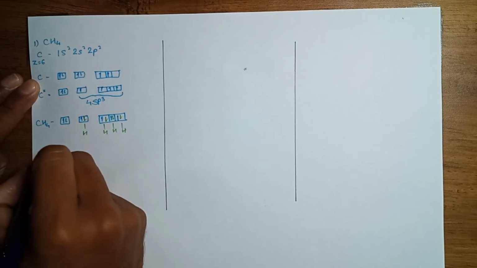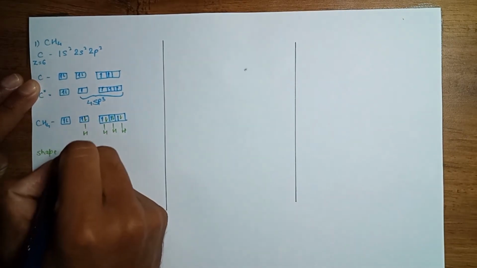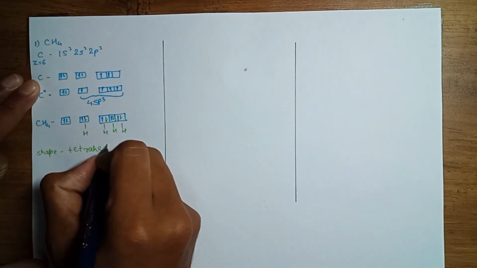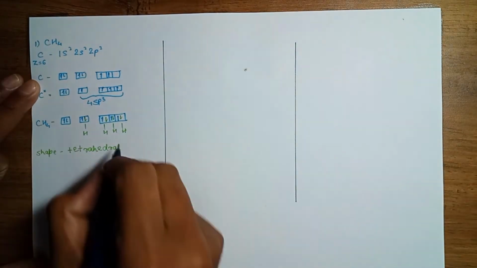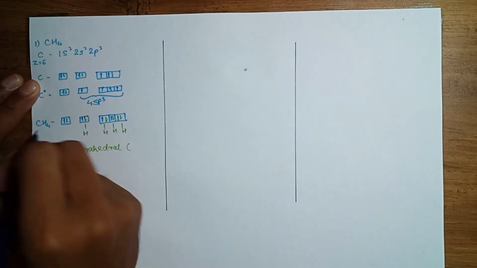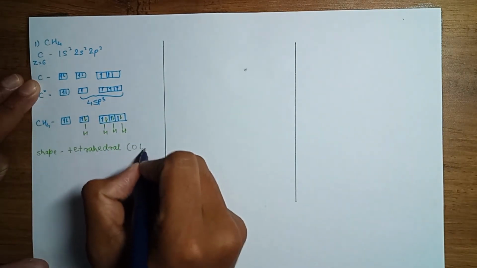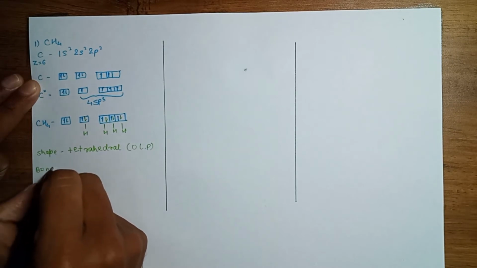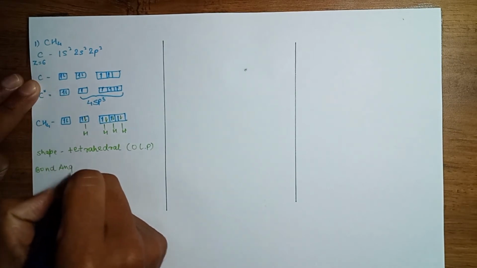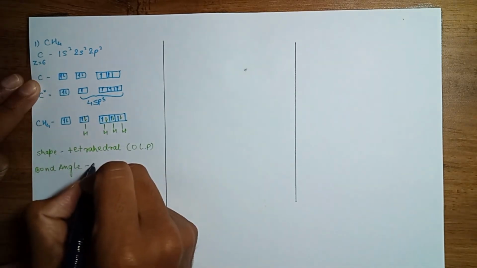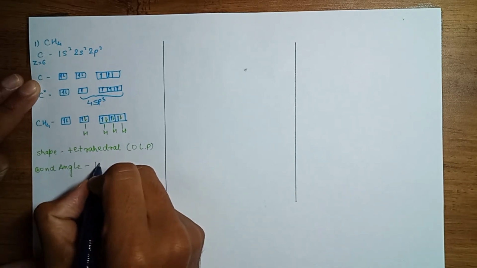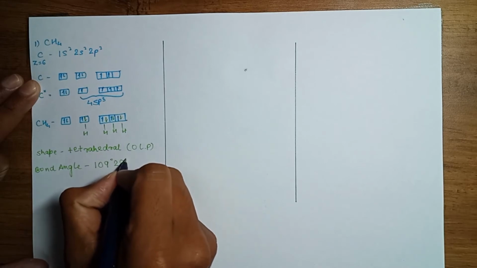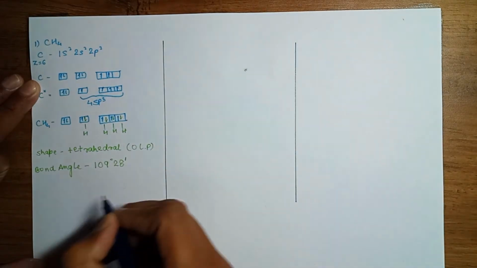The shape of the molecule is tetrahedral, as the central atom has 0 lone pairs of electrons. Bond angle will be the ordinary tetrahedral bond angle, which is 109 degrees 28 minutes.